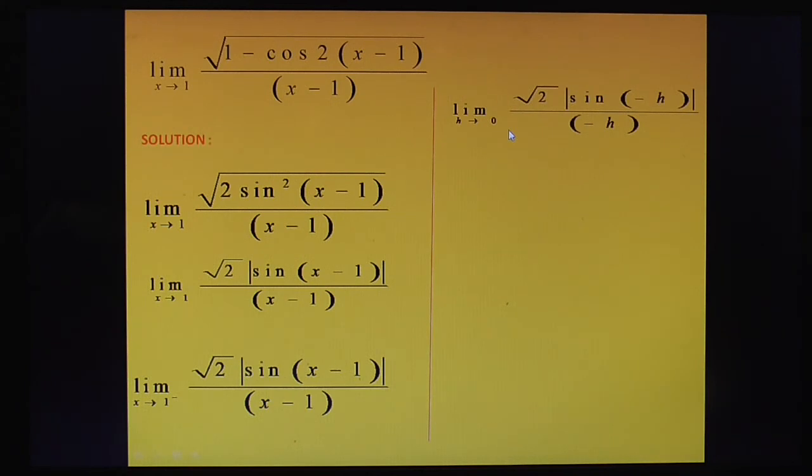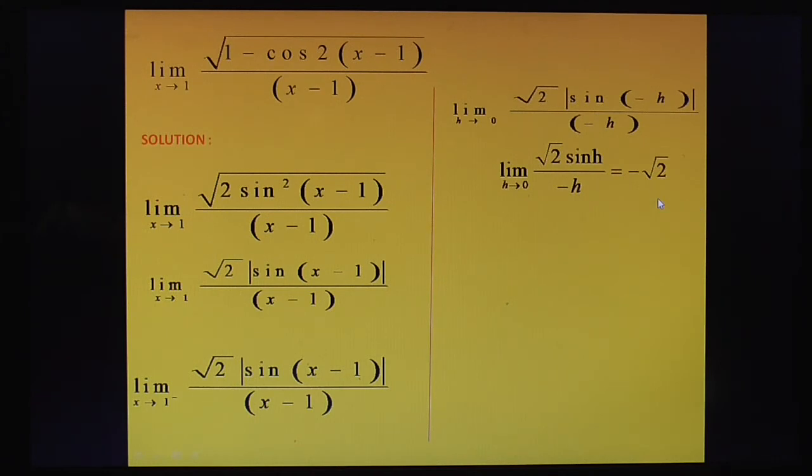The sine of minus h is minus sine h, so the mod gives sine h by minus h, so you can write it as minus root 2. Why? Because limit h tends to 0 of sine h by h is 1. Now, root 2 by minus 1 equals minus root 2.